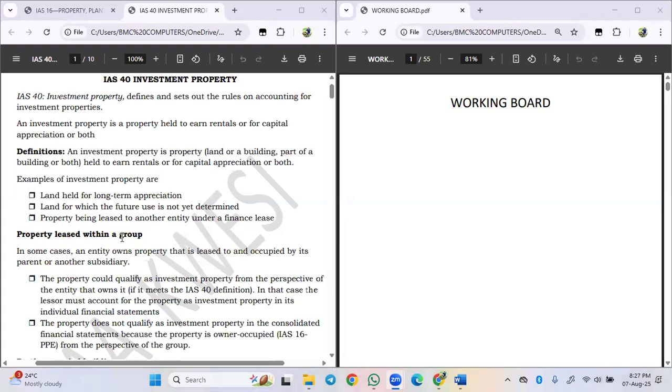So if a parent or an entity owns a property that is leased to and occupied by its parent or another subsidiary, we have two ways that you can treat that property. So let me use a diagram here for you to get it well. So this one is IAS 40.